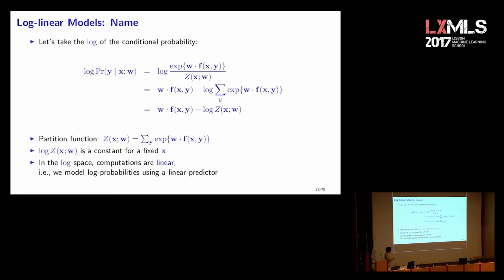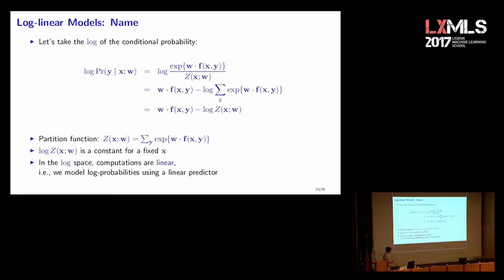It doesn't depend on a specific one, so it's a constant. So if I fix x, this is a constant, which means that my log score, my log probability, is linear, because this is a linear form on a representation of y and my parameters. So in the log space of this probability model, the computations are linear.